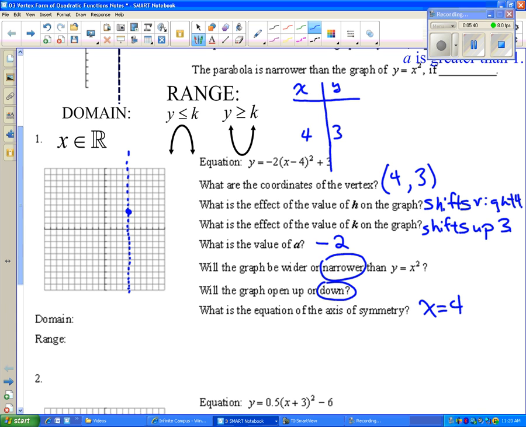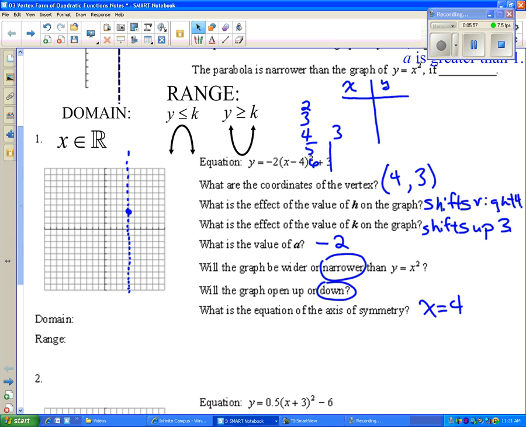I want to pick numbers that are smaller than 4, 3 and 2, and numbers that are bigger than 4, 5 and 6. So if I plug 2, 3, 5, and 6 into my equation, I should come up with what this table should look like.